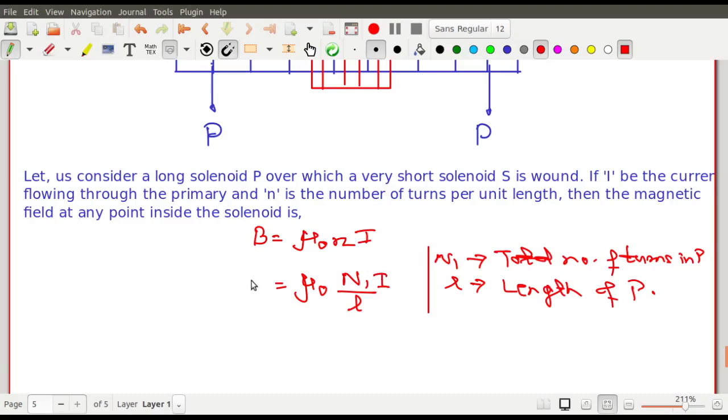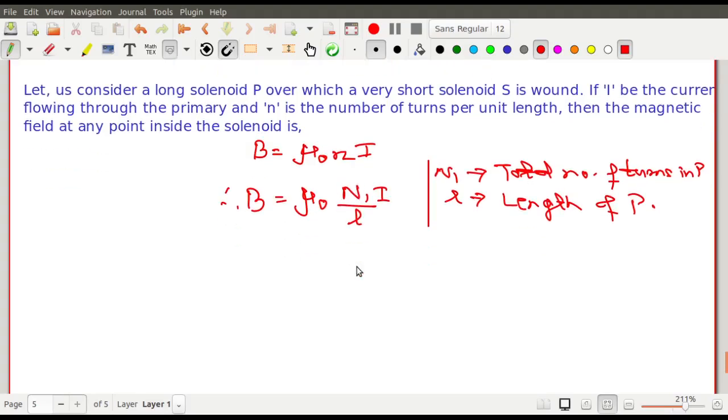This is because it is a long solenoid, so the magnetic field is the same at all points, and I take it like this. Now suppose I take it in this way, N2. This is the total number of turns.